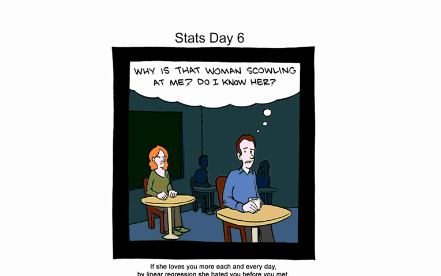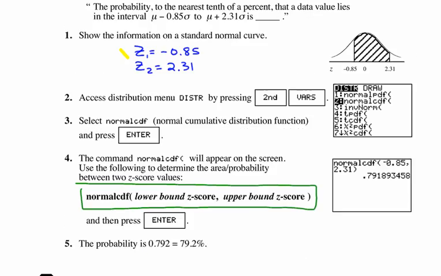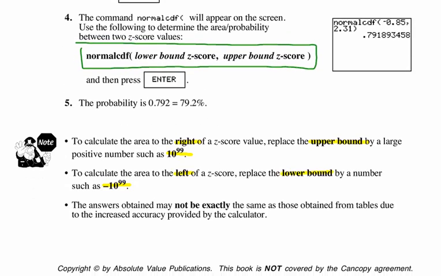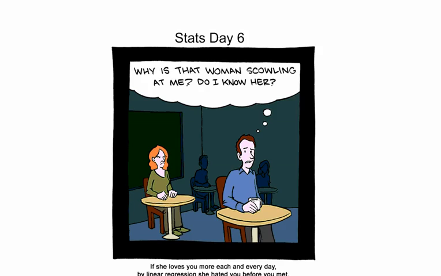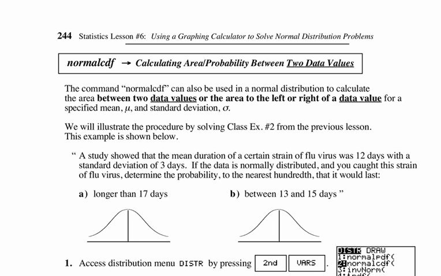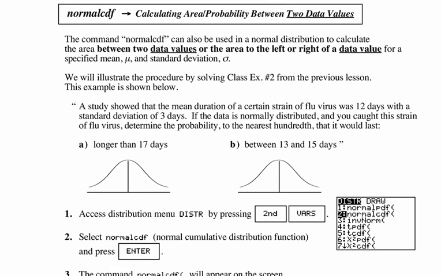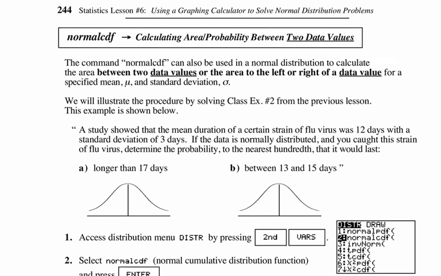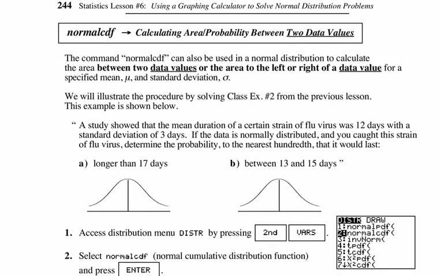So let's look at some examples. Normal CDF, calculating area probability between two data values. Remember our class example with the flu?